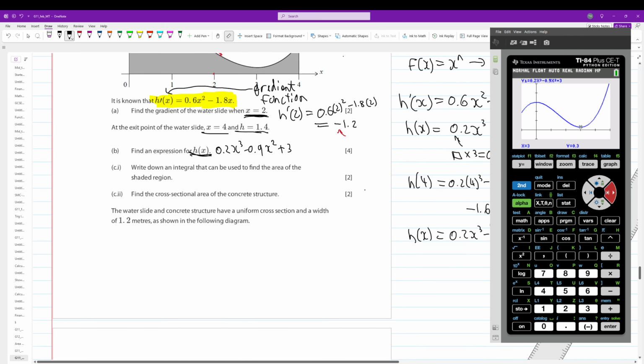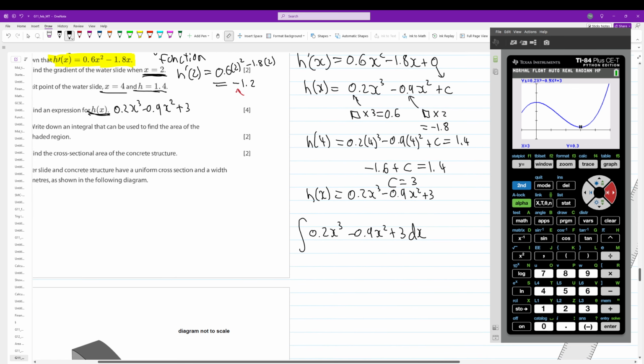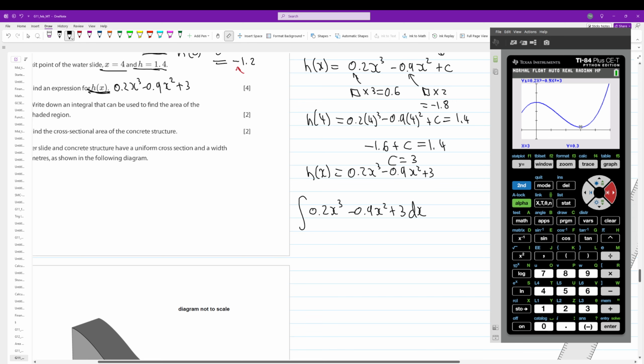Write down an integral that can be used to find the area of the shaded region. We didn't do this because at this time we had not done integration. So I just gave you the answer for this part. Now that we have done integration, I can't miss the opportunity just to show you how to do this bit, that we integrate. And now in lessons, we know that integrating x to the n is 1 over n plus 1 x to the n plus 1, add c.